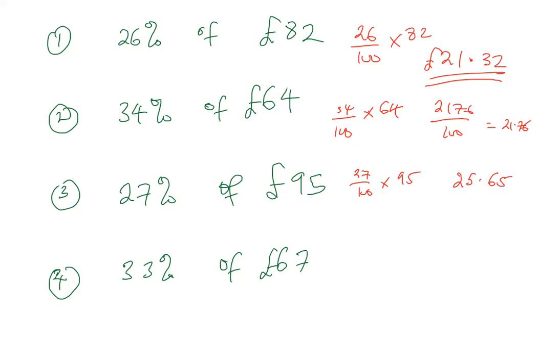Then this thing times 67. That's 22.11. Yes, 22.11. That is perfect, and that is correct.